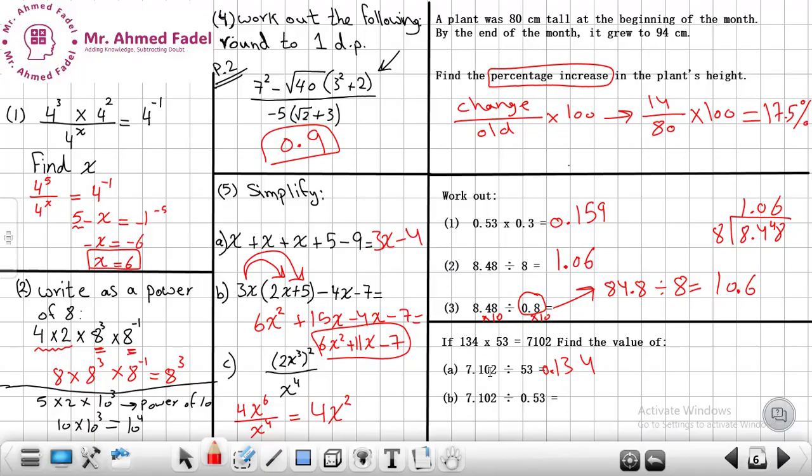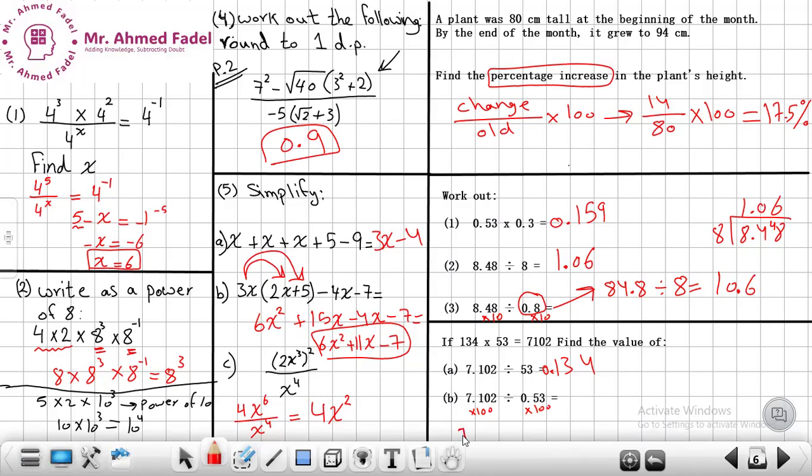Okay. All right. Next. Mr. Ahmed told us many times, and he just said it only a few seconds ago: you cannot divide if the divisor is a decimal. Multiply here by 100. Multiply here by 100.